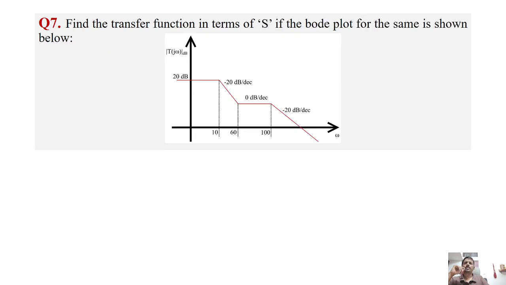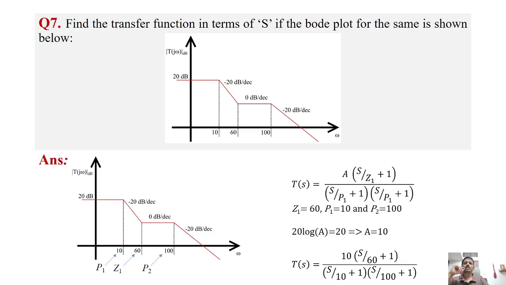The seventh question is to find the transfer function in terms of S. A Bode plot is given. We know the general form of the transfer function in terms of S, and we find which points are poles and zeros, substitute, and get the transfer function.